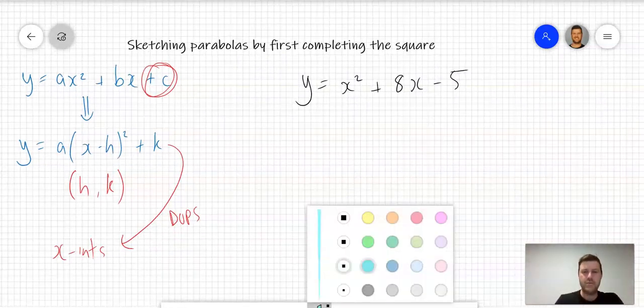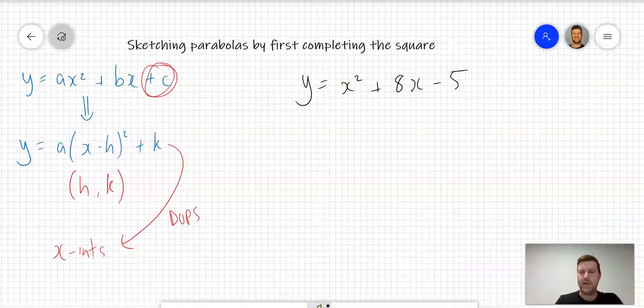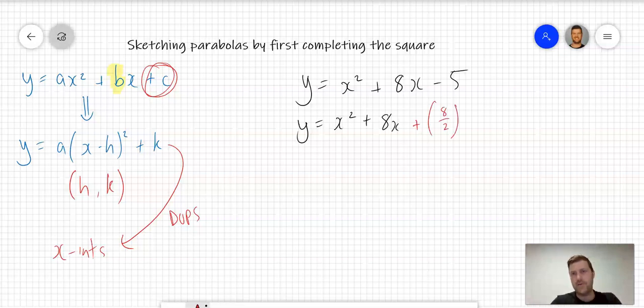over 2 all squared and also subtract that to balance it. So we're looking for the coefficient of the x term, which in this case is 8. So I'm going to do y equals x squared plus 8x. Now I'm going to add, I'll keep this red for you, in this case it's positive 8 over 2 all squared.